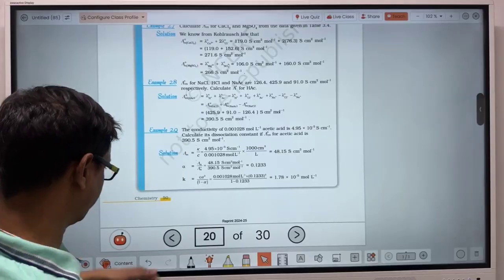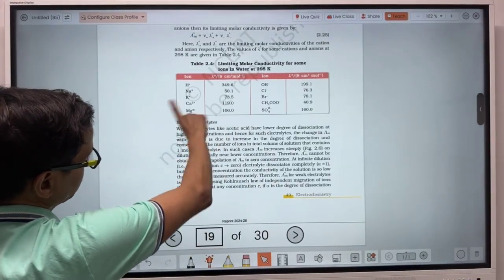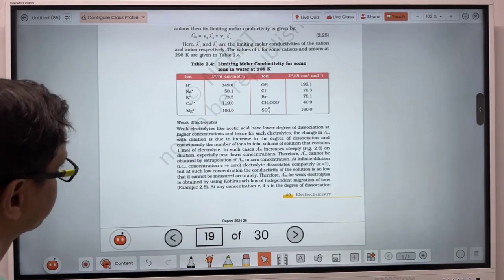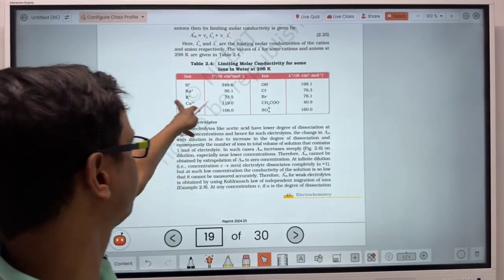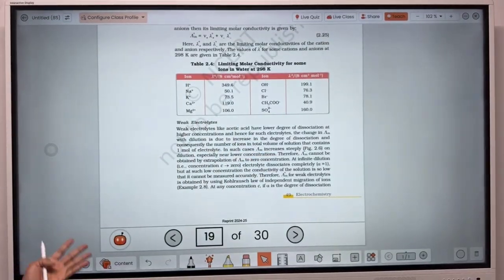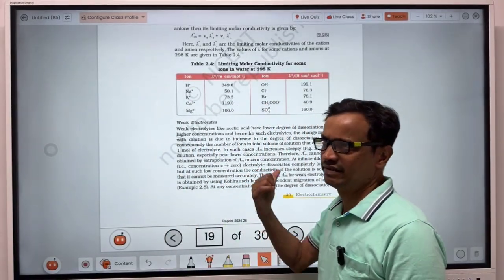Table 3.2 is given here. For magnesium it is 106.0. Magnesium, calcium, sulfate and chloride are already given here. You calculate the value by taking the data from here.